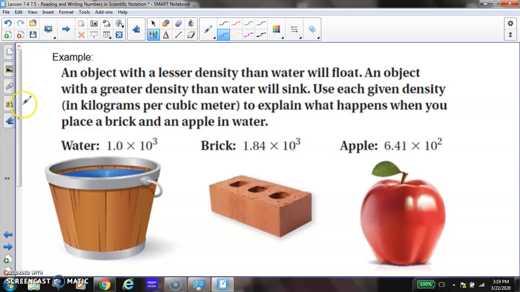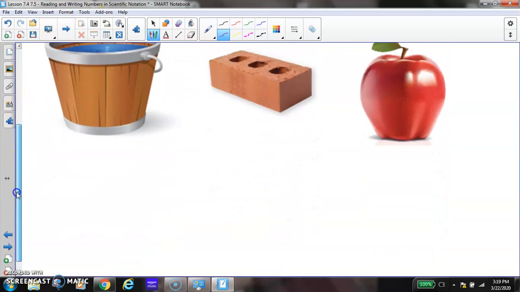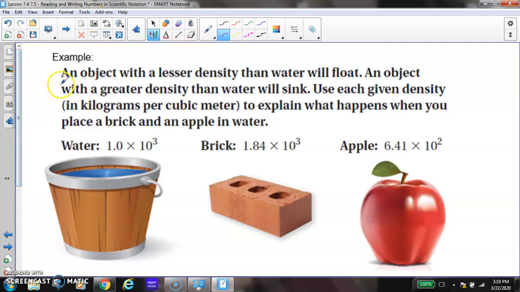All right, so this is one of my ultimately favorite questions because it sounds so silly, but it actually involves a little bit of scientific notation. It says an object with lesser density than water will float. An object with a greater density than water will sink. Use each given density in kilograms per cubic meter to explain what happens when you place a brick and an apple in water.